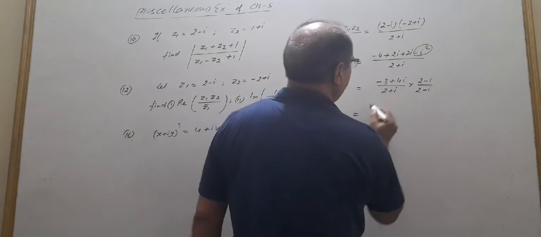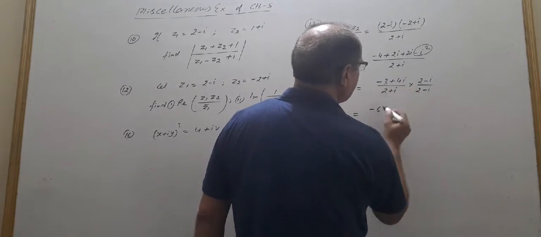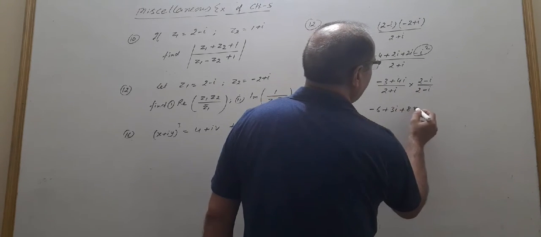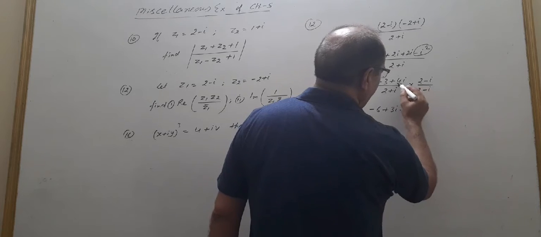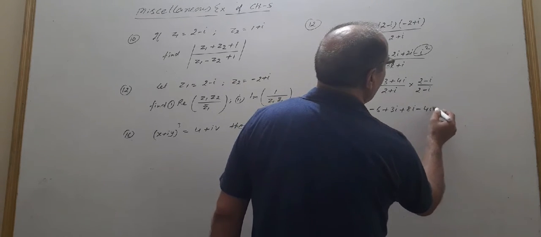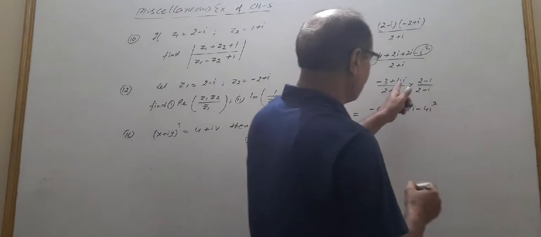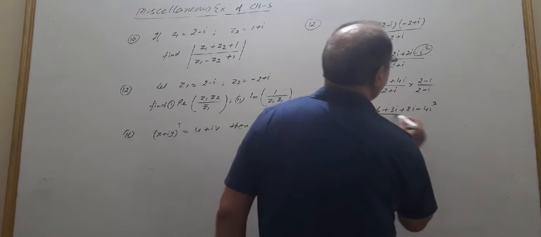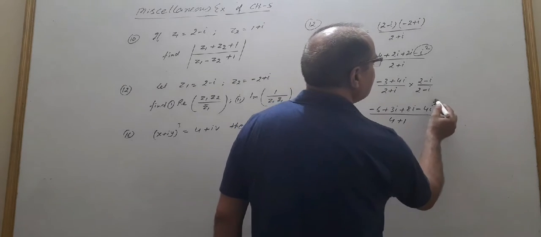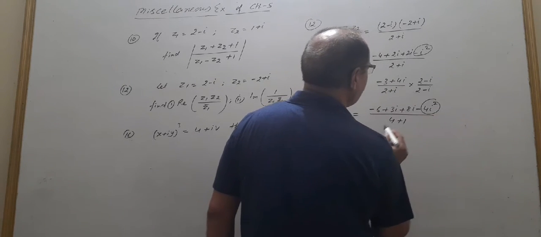After rationalization, in the numerator this becomes minus 6 plus 3 iota plus 8 iota minus 4 iota square, and the whole upon 4 plus 1. Now, minus, minus becomes plus.